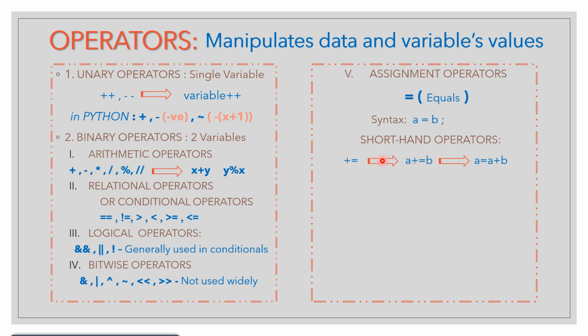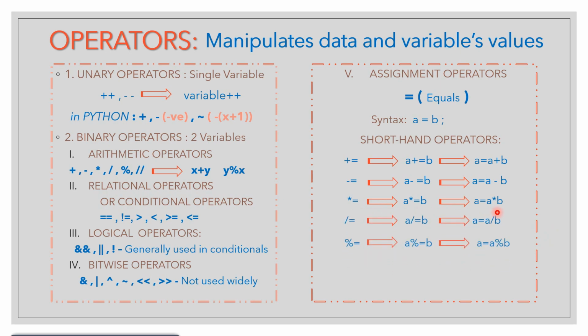So this is a shorthand expression for that. Similarly, minus equals, this is a equals a minus b, and star equals, that is a star equals b, refers to a equals a star b, and division equals and modulo equals, and finally floor division equals.